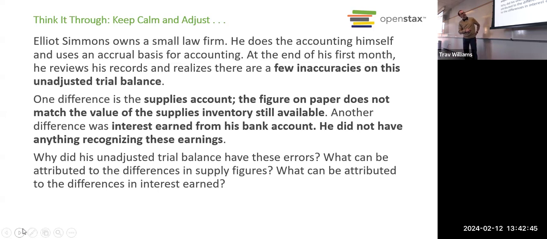So it's only in the accrual method of accounting, which is the one that most companies use, that we do have to make adjustments. So he is using the accrual method, and he noticed a few inaccuracies on the unadjusted trial balance. So step 4 of the accounting cycle, he listed out the balance of every account, and he sees there are some problems there. Okay, one difference is the supplies account. The amount on paper does not match the value of supplies inventory that are still available. So in other words, he looks at the supplies and says, okay, we've got $500 worth of supplies in the supply cabinet.